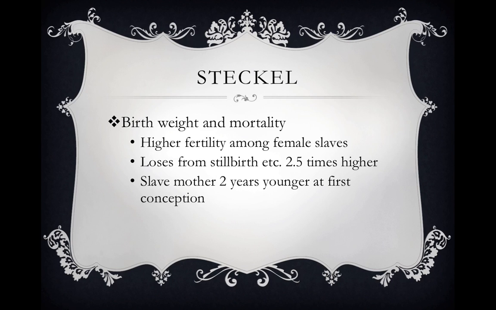So the reason why the growth rates between the slave population and the free population were similar wasn't because the quality of life was the same. Those population growth rates were similar because, number one, slave women were getting pregnant twice as frequently as free women. It's just that twice as many of those children were dying either through miscarriage or through postnatal death just after birth.